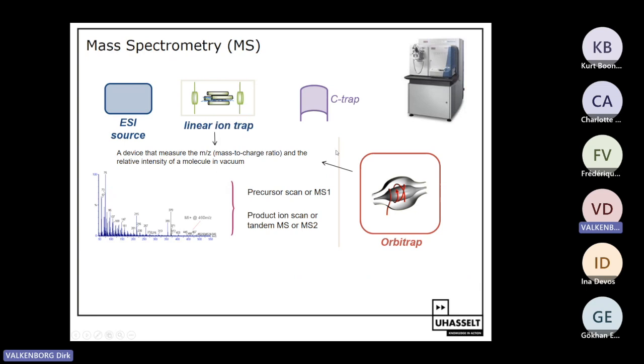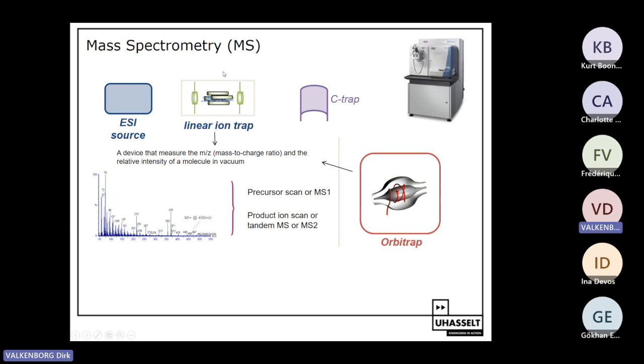And there is a second type of data that we want to generate. So please note here, I will talk about a different type of mass spectrum now. And that's what we call a product ion scan, or tandem MS scan, or an MS2 scan. And the Orbitrap is a bit too slow sometimes to process this.